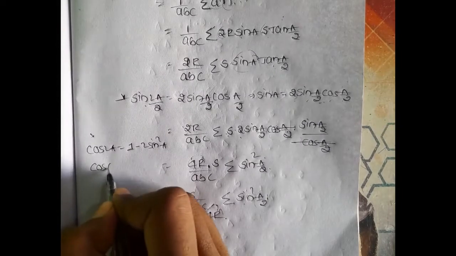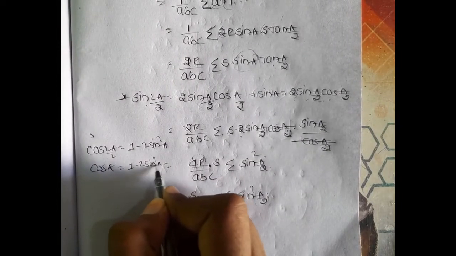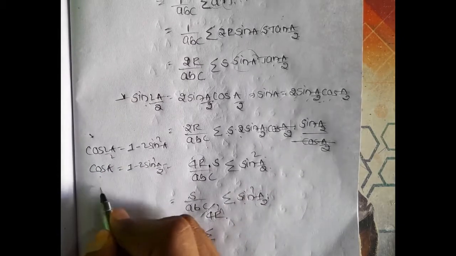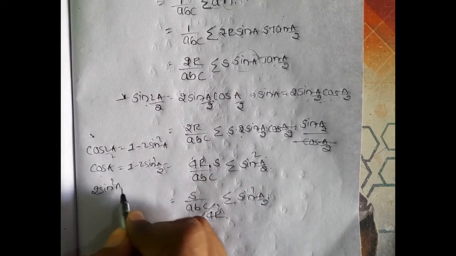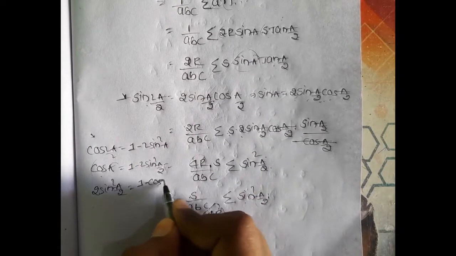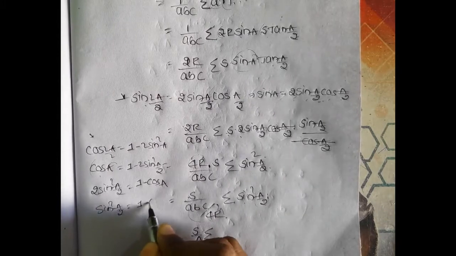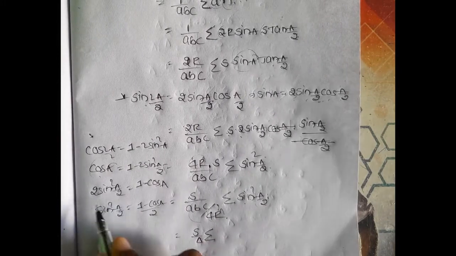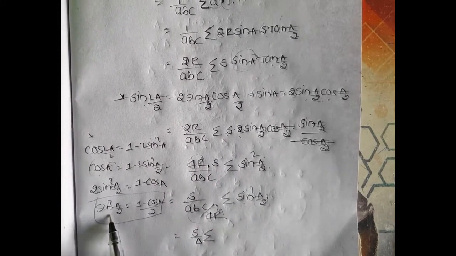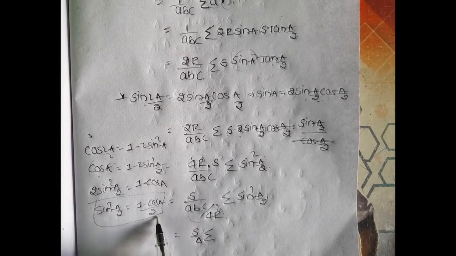So cos A equals, dividing the angle by 2, 1 minus 2 sin square A by 2. Now transposing 2 sin square A by 2 to this side and cos A to the RHS, 1 minus cos A. Now what is sin square A by 2? 1 minus cos A by 2, right? Okay. Now for sin square B by 2, it is 1 minus cos B by 2, and sin square C by 2, 1 minus cos C by 2.